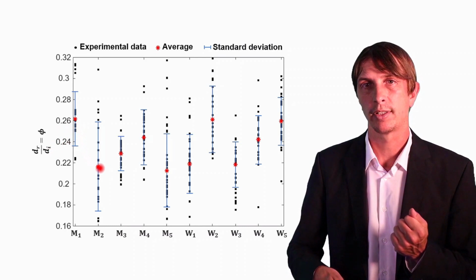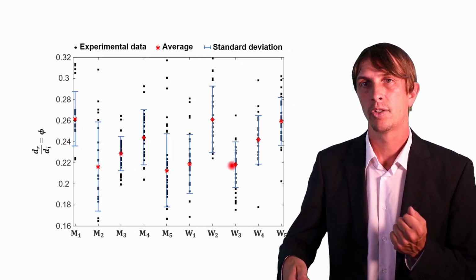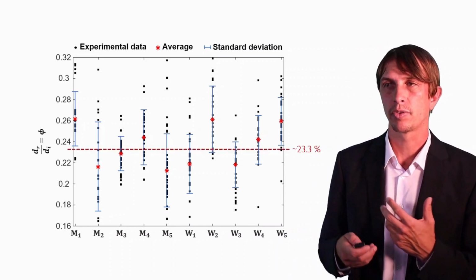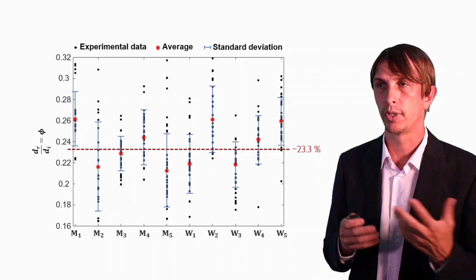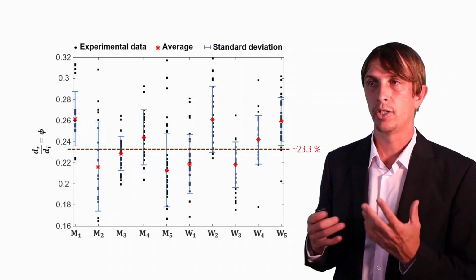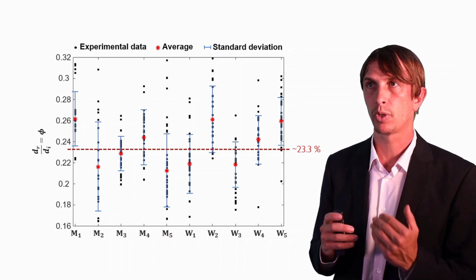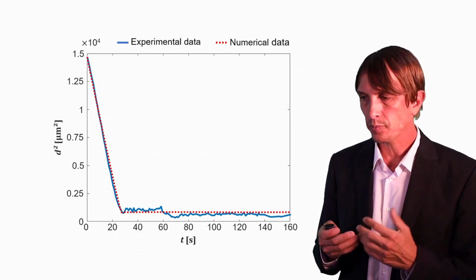And if this one is 21, this one is 22, and so on, right? So if we statistically check what the percentage of the final residue is, it is 23.3% from those measurements of the initial size. So by knowing that, we can simulate and stop the simulation to reach 23.3% of the initial diameter.